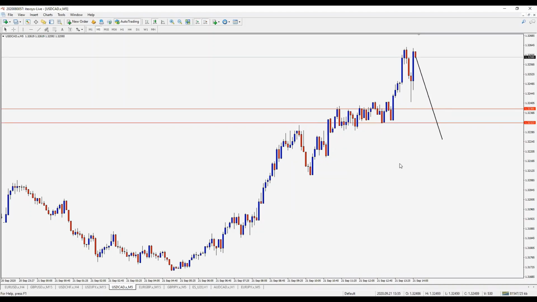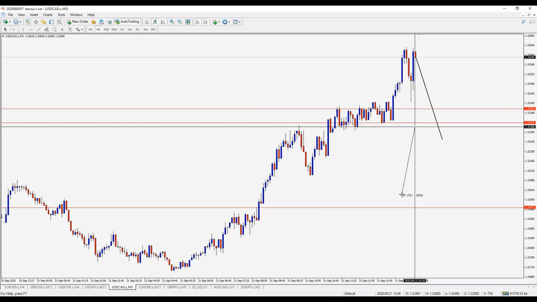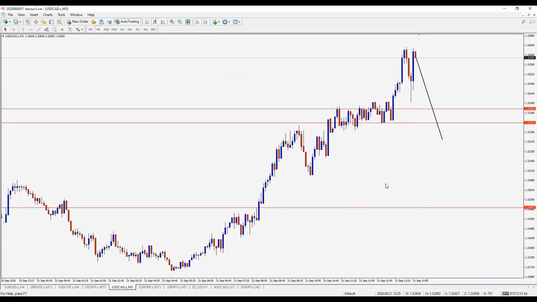If that happens, then my conclusion will be that the price is, with very high probability, on its way to reach at least this level. So we can try to use this buffer of 30 pips between those levels. If that happens, this breakout, I will look for a new supply, and hopefully the price retraces to check this supply.